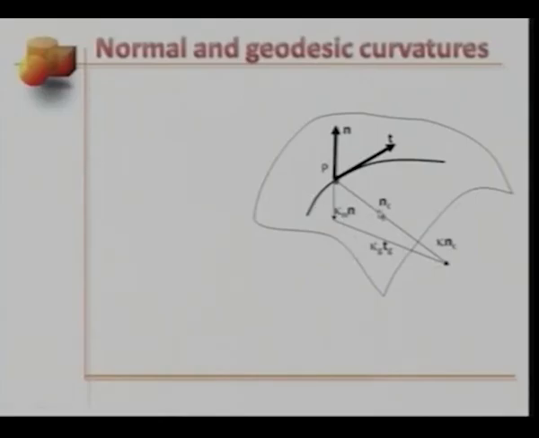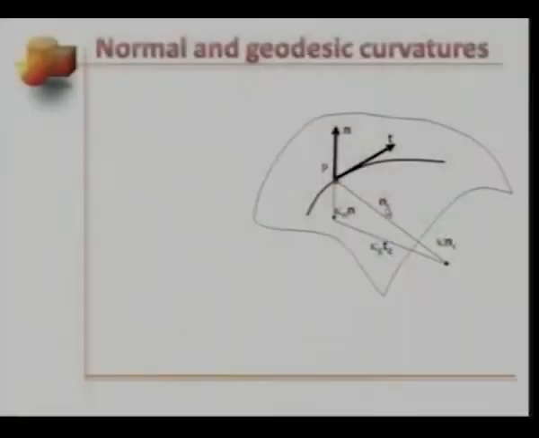The question you would want to ask yourself is, how are these two vectors N sub C and T sub G related to T? N sub C is the first derivative of T with respect to the parametric arc length.